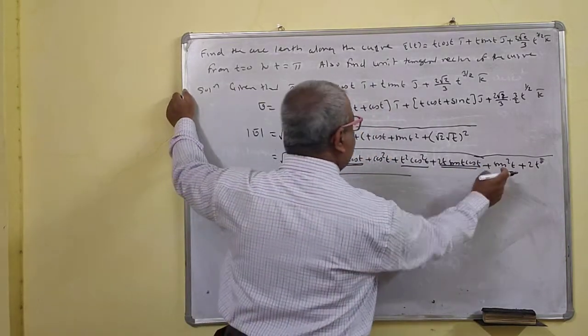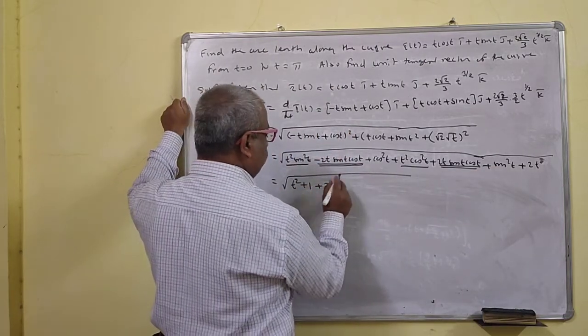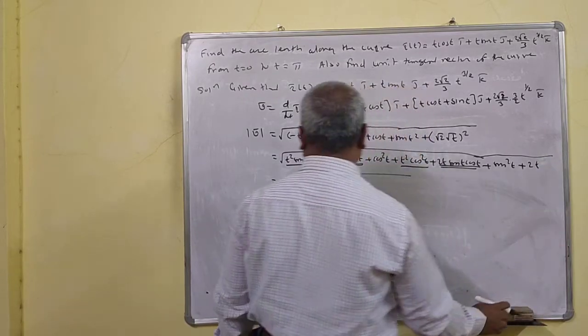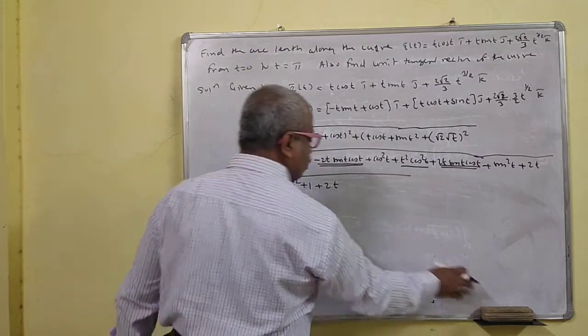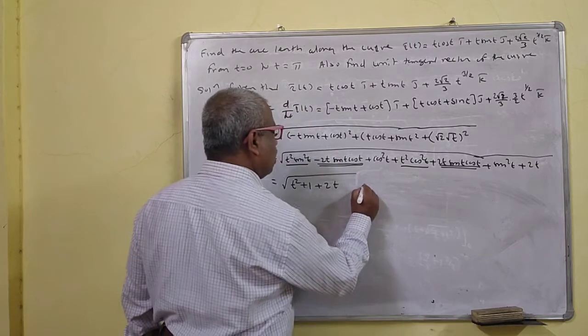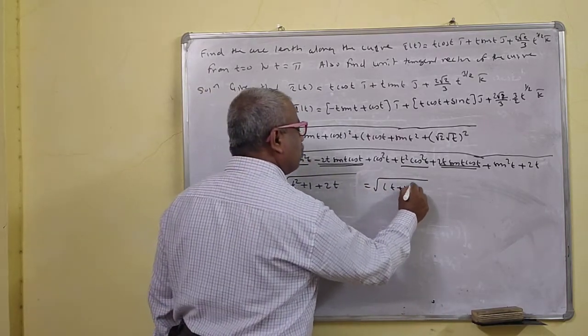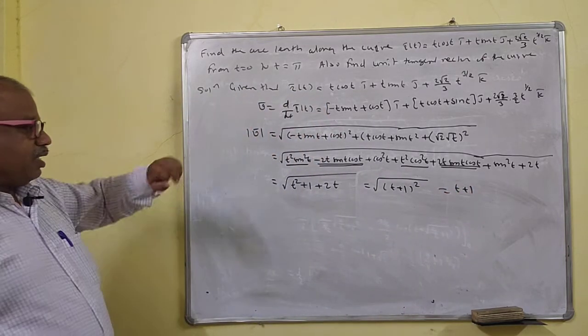Sin square t plus cos square t is 1, and plus 2t only, because this is root t squared. So this is 1 plus 2t plus t square, which is the expansion of t plus 1 bracket square. So mod of v bar is t plus 1.